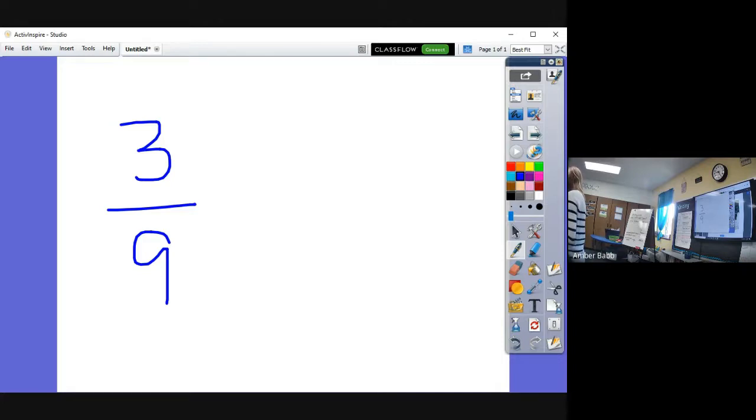Always start on this side so you don't lose track. You're taking away from that, that turns into a two minus seven. So then you've got to add a zero.